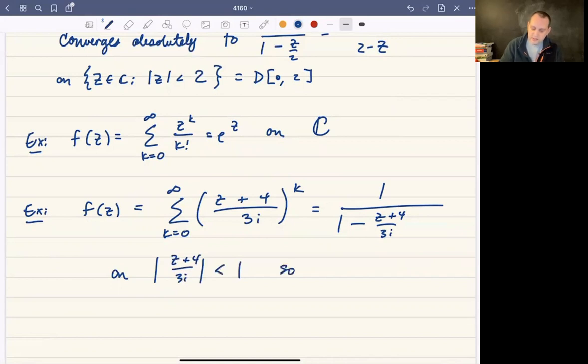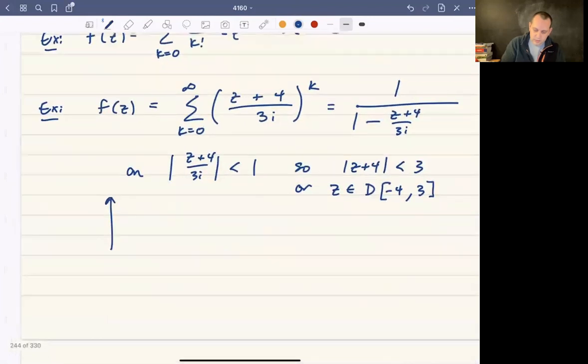So that tells you that this is going to converge when the modulus of z plus 4 is less than the modulus of 3i, which is 3, or for z in the disk centered at -4 of radius 3. So this is some disk centered at -4 of radius 3.